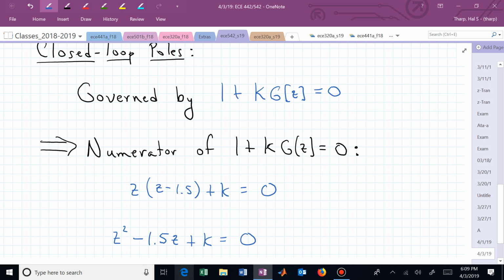Now, do you want me to tell you a secret? When I was in your chair, they did have calculators back then. I know, it's hard to believe. But there were calculators, and I actually had one that I could kind of program. And I programmed it to solve for the roots of that, and I kind of cheated on my root locus sketching.